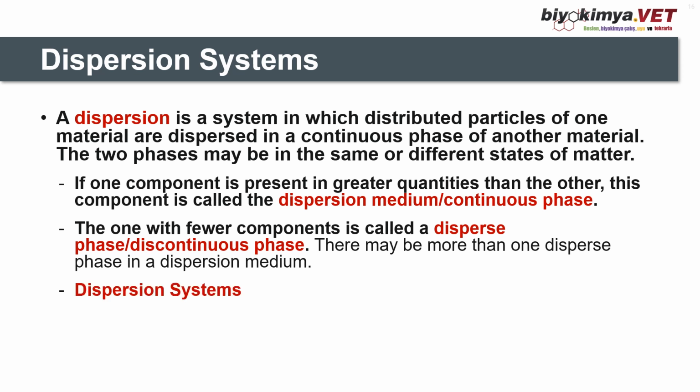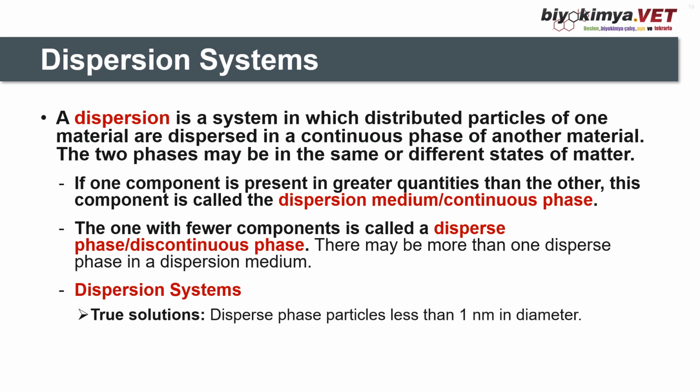There are three types of dispersion systems, the first of which is solutions. Because solutions and dispersion systems are sometimes used interchangeably, here I especially wrote solutions as one of the three. But don't forget, in reality, solutions are a type of dispersion system.